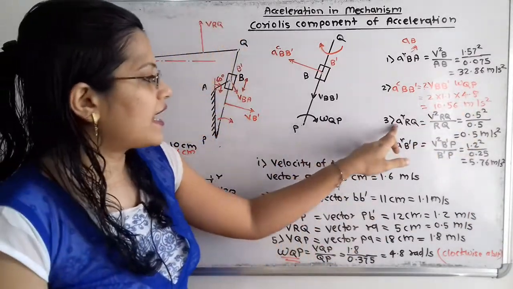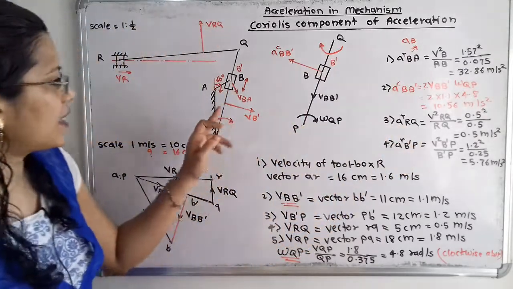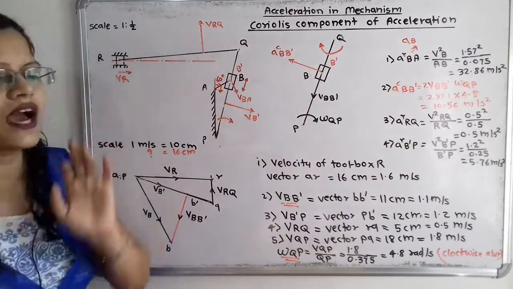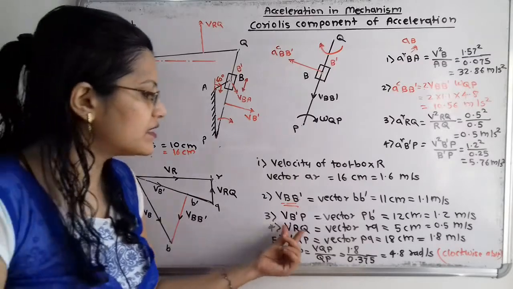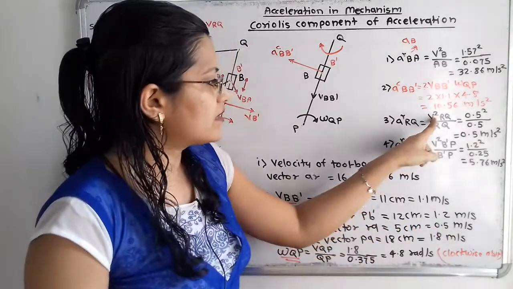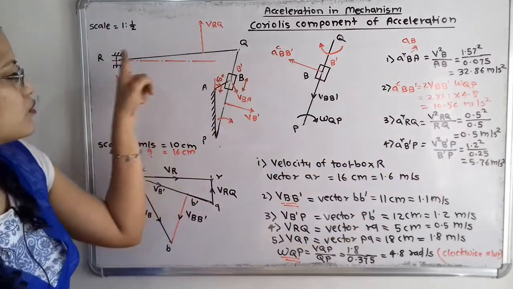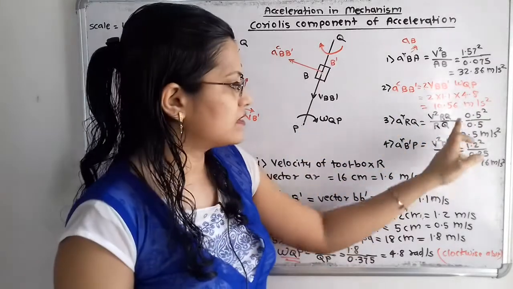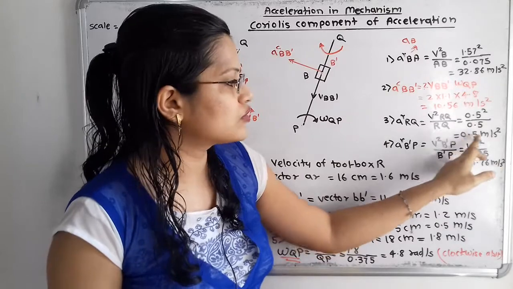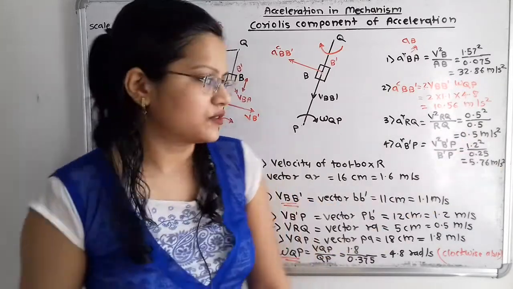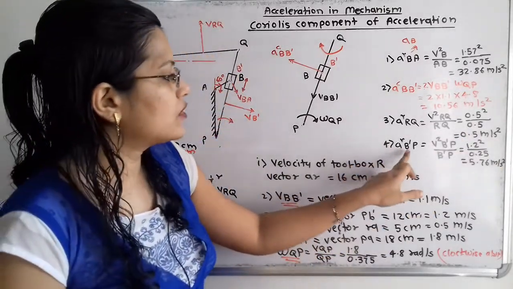Then again the radial component of the link RQ. Here is the link RQ. For that we take the linear velocity square, that is 0.5 square divided by the length of the link. The length of the link we have to take in meter, that is 0.5, which is equal to 0.5 meter per second square.